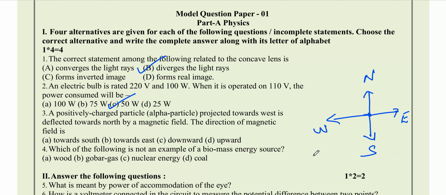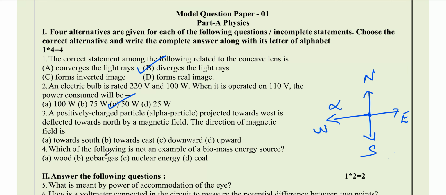East or west? North and south. Understood? Good. Now the question is, a positively charged particle is projected towards west. The alpha particle is coming towards this direction. Understood? Where is the deflection happening? It is deflected towards north by a magnetic field.